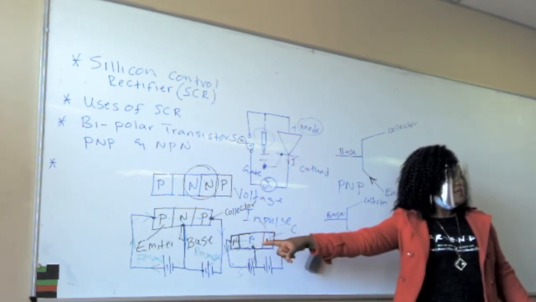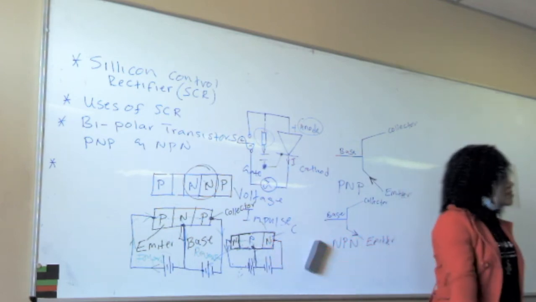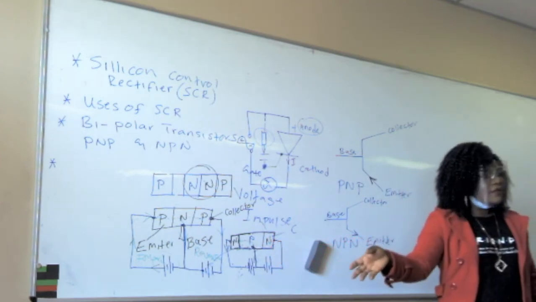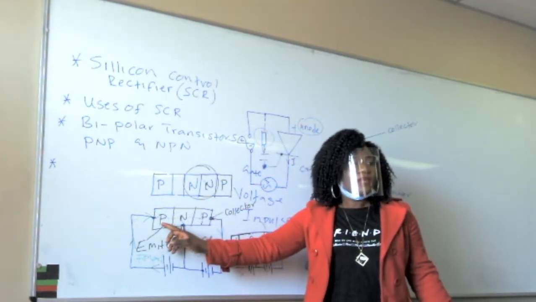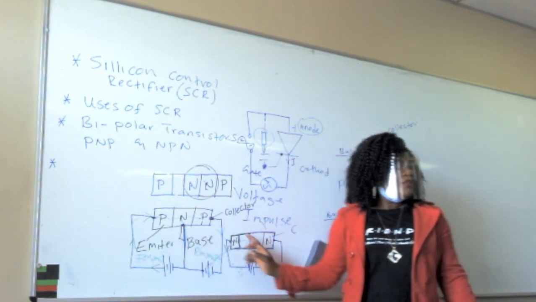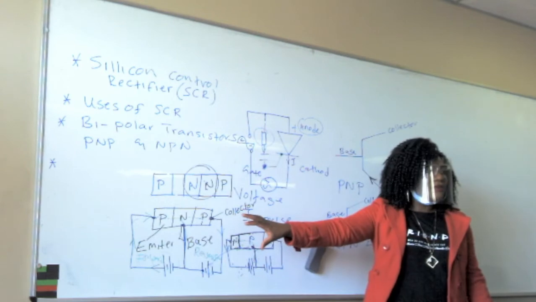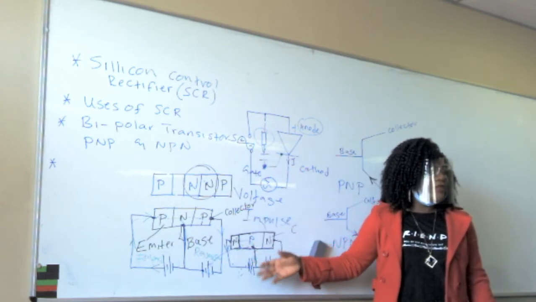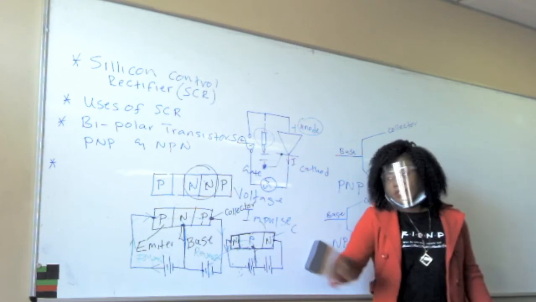Because negative, negative. The NPN has got more electrons than the PNP. Because in PNP, most of it is positive, positive, and fewer electrons, which is the N. This one has got more, and they like this one more than that one in the exams. They like to say it's NPN. If they just say transistor, it's up to you to use this or that.